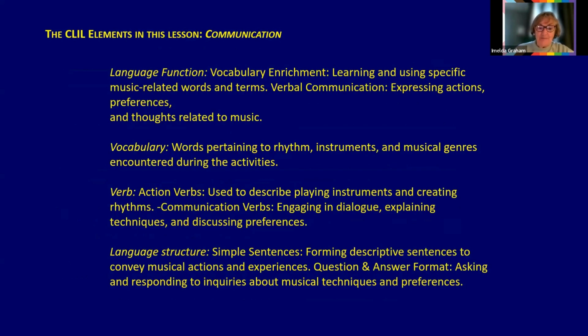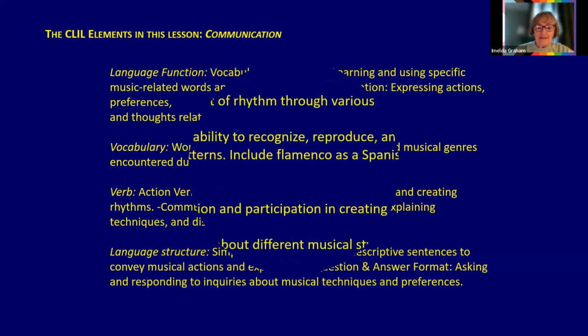Verbs, action verbs, used to describe playing instruments and creating rhythms. Communication verbs, engaging in dialogue, explaining techniques, and discussing preferences. Language structure, simple sentences, forming descriptive sentences to convey musical actions and experiences. Question and answer format, asking and responding to inquiries about musical techniques and preferences.